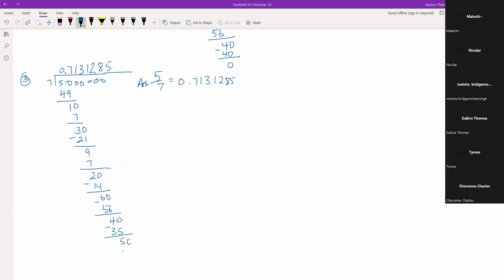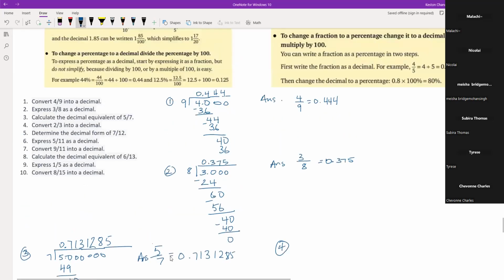No, sir. Okay. Right, if you have at least up until 0.7131 or 132, that's good enough. Everybody understand that one, right?